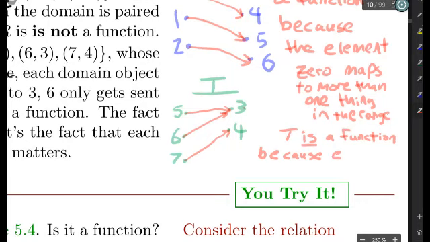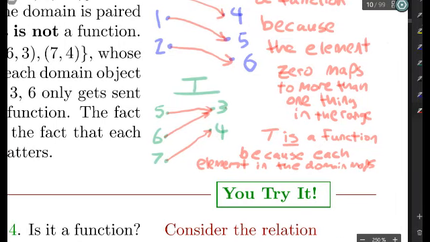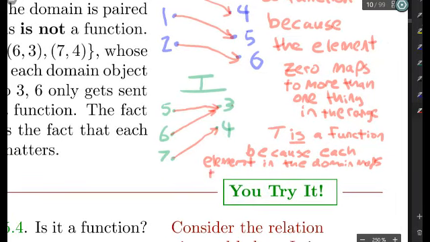Because each element in the domain maps or corresponds to 1 element in the range.